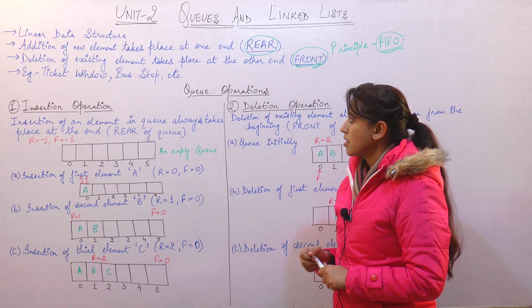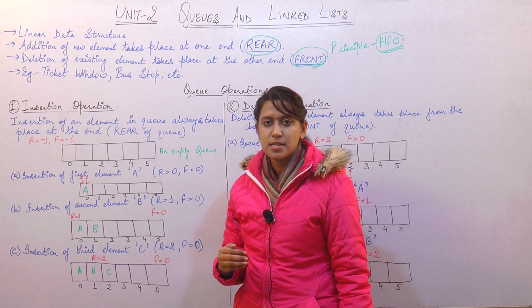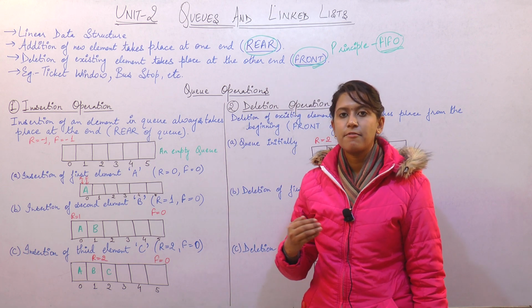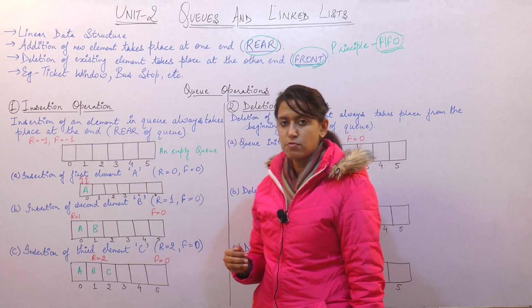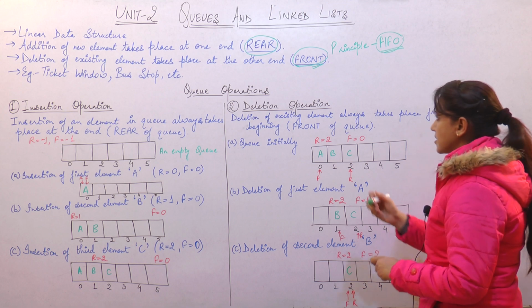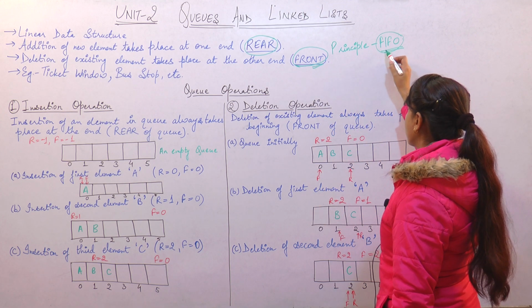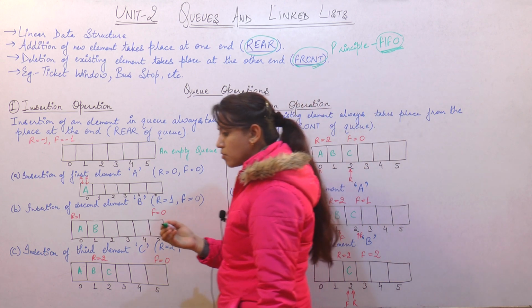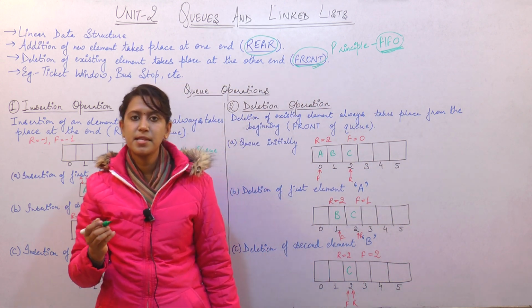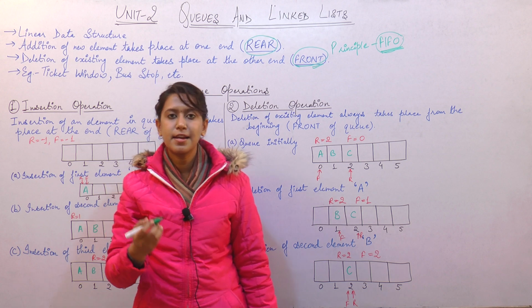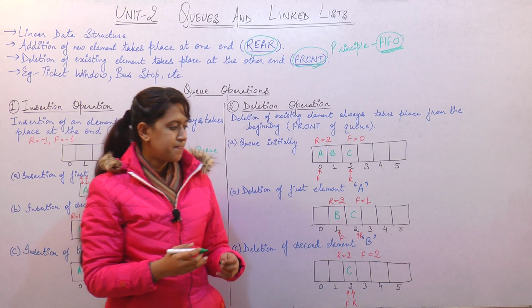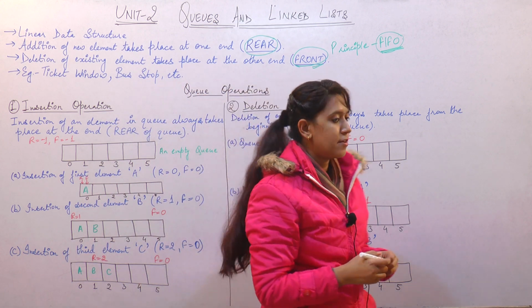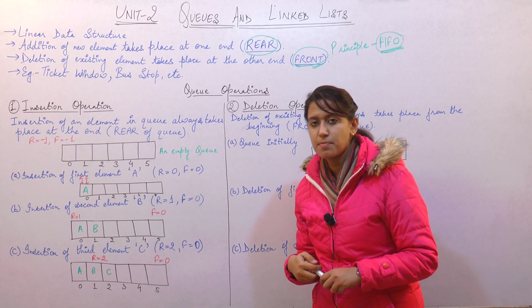So the first person who came to the queue will be the first person to leave that queue. So this is the example of the principle of queue. The first person who entered the queue will be the first person who leaves the queue. So first in, first out is the principle of queue.